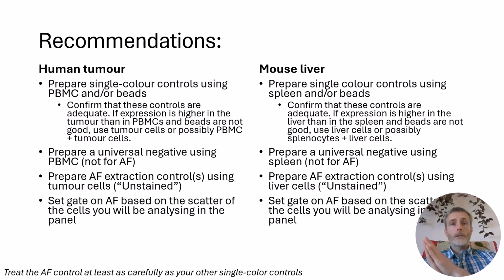What we're not going to do is extract autofluorescence from cells that will be removed by gating, such as dead cells or doublets. If we have a different way of removing the autofluorescence with our gating strategy, or we're not interested in analyzing those populations, we don't need to extract that autofluorescence, and extracting that autofluorescence is probably not going to improve your unmixing.